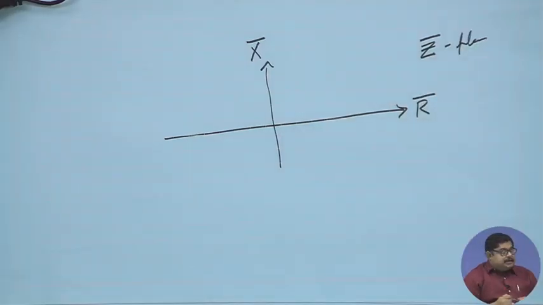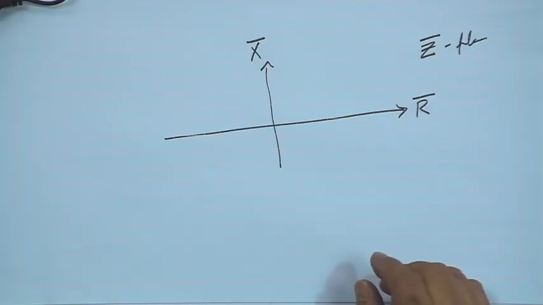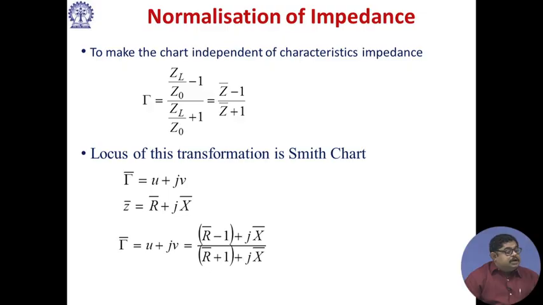Basically the Smith chart is a conversion between them. In the equation gamma is equal to z bar minus 1 by z bar plus 1, we can put these values so that we get gamma in terms of real values. If we do that, we land with gamma is equal to r bar minus 1 plus j x bar by r bar plus 1 plus j x bar.